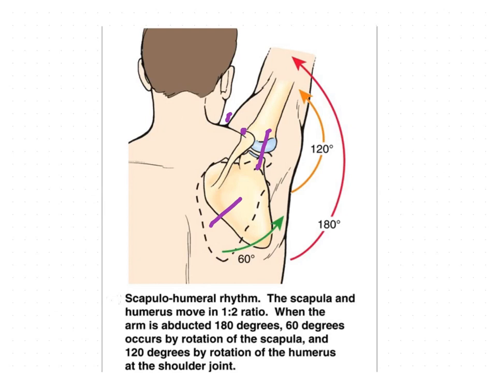The first contributions we are going to see are the scapulothoracic and glenohumeral contributions, and how they cause a rhythm.